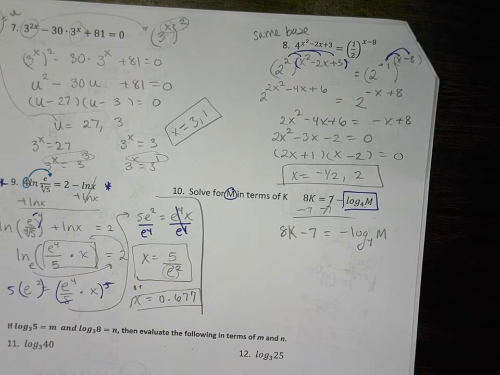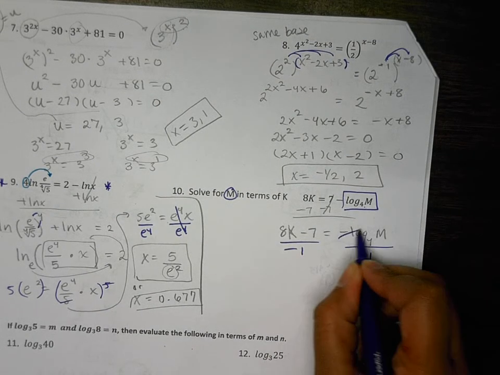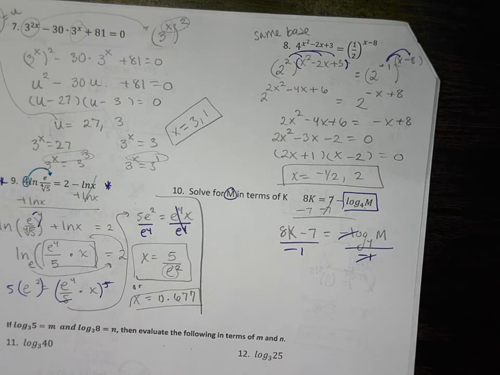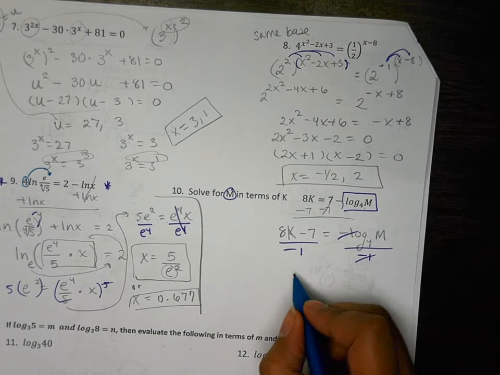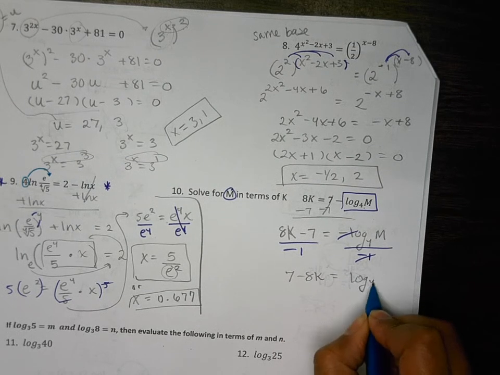Any suggestions on what to do? First off, can you see ahead, is it going to be drop the log of both sides or wrap around? Okay, what do I have to do first before I wrap around? Divide by negative 1. And you can write that as negative 8k plus 7. I'm going to write it as 7 minus 8k. You do not have to. Now, what did you guys say earlier?